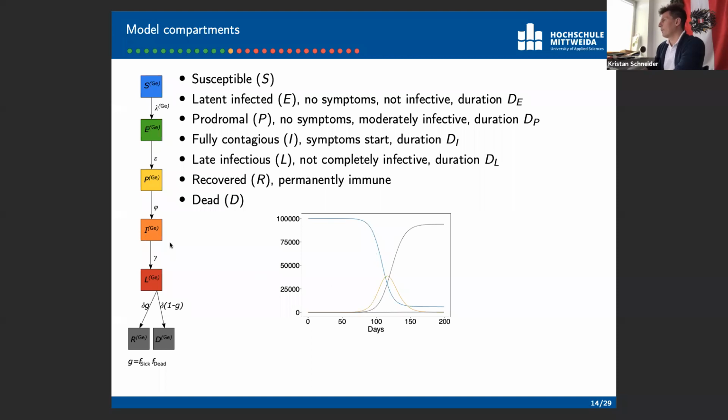Those are the fully contagious individuals. Finally, they recover. Those are the recovered individuals. And then you have dead individuals, the bottom line. We have very small mortality assumed in this example. So that's how it typically looks.